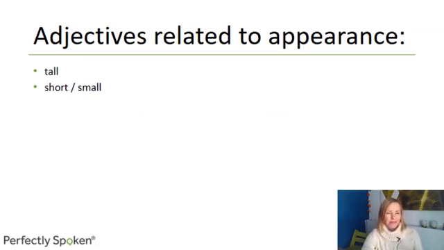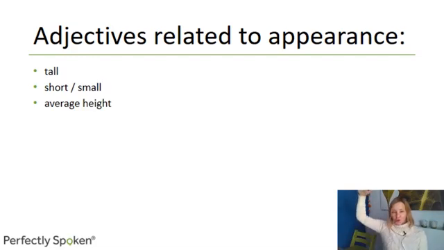Short, you have to be careful because sometimes it's a little bit negative. Okay, so you've got tall, short or small. Maybe small is a bit more politically correct, maybe. I don't know.